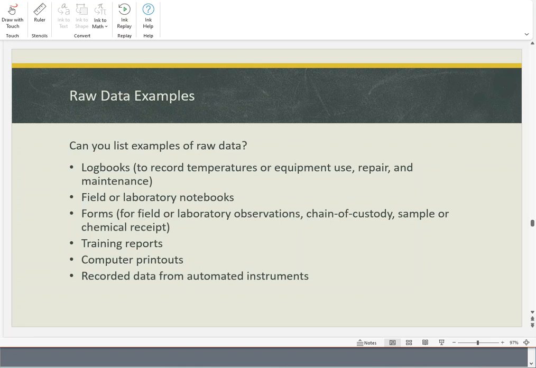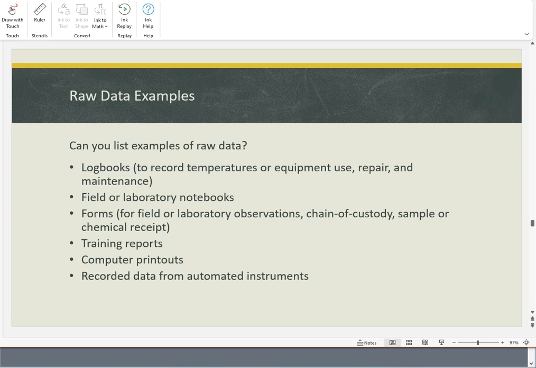Logbooks, again, for equipment use, equipment repair. Laboratory notebooks are raw data. Field forms or field reports or live data, raw data. Any type of form, chain of custody, sample, chemical receipts, all of those are raw data.